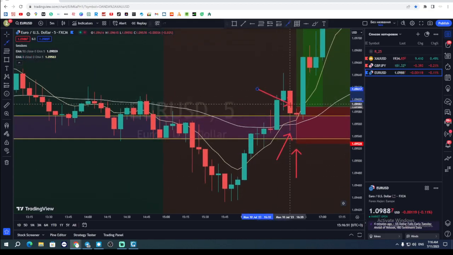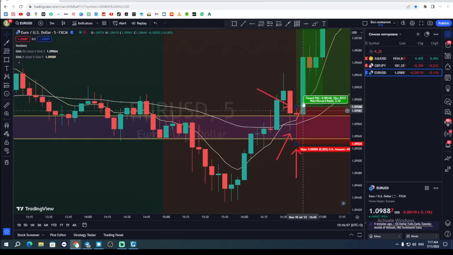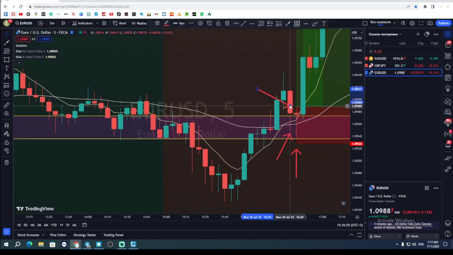We can see here it beautifully broke this previous candle, literally right here, with this candle. So look, confluence number one, yeah, it's gonna be the retest of our zone. Confluence number two, it was a weak rejection, yeah. Confluence number three, crossover.